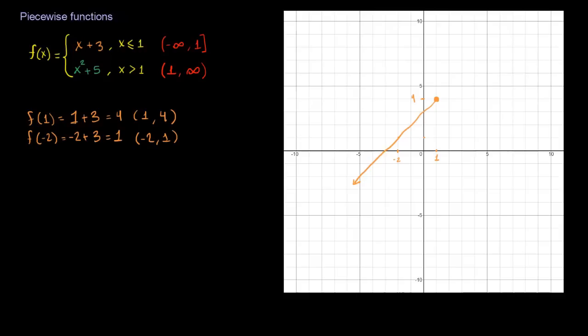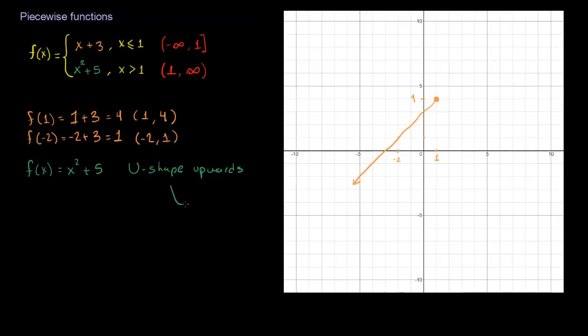Now let's get to the second one, which is x squared plus 5. I'm going to write f of x equal to x squared plus 5. This is a quadratic function, and as x squared has a positive sign, we can infer that this would be a U shape going upwards.